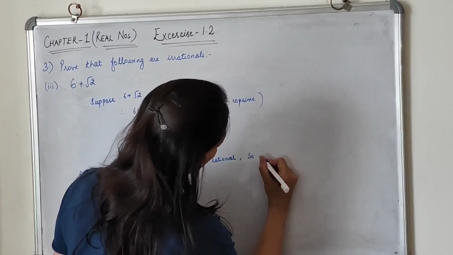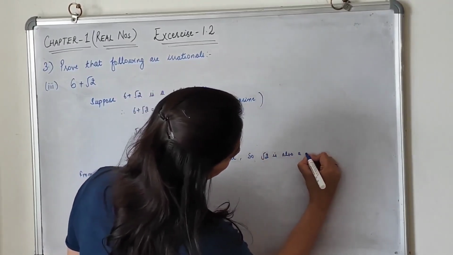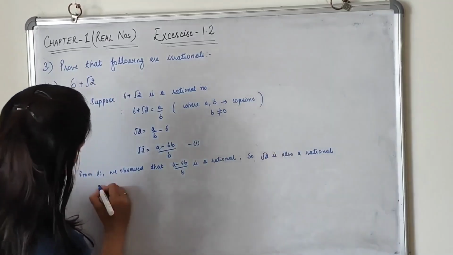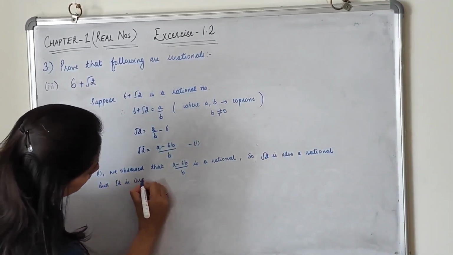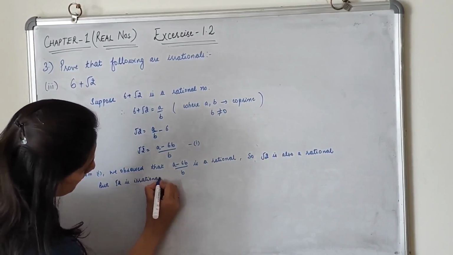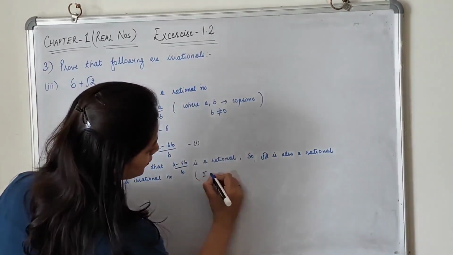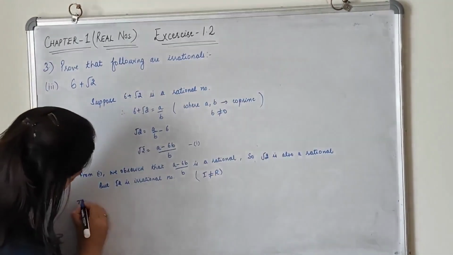So root 2 is also rational, but root 2 is an irrational number. Also, an irrational number cannot be equal to a rational number.